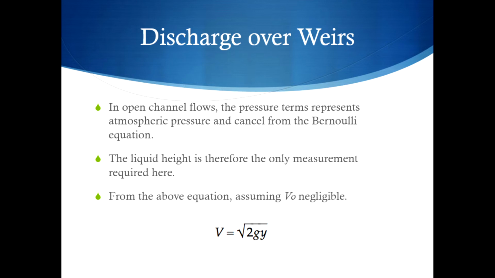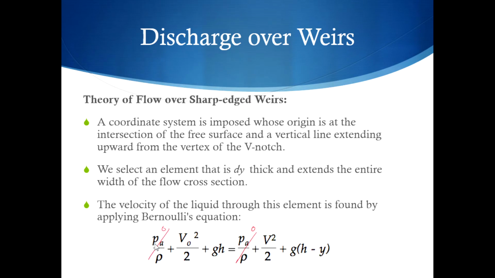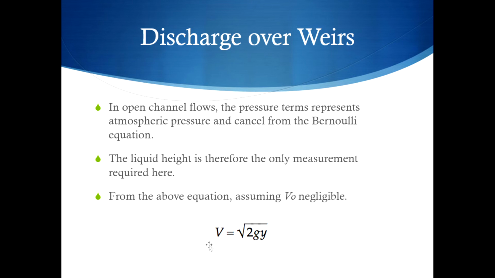Since we are assuming that at the start of our experiment the velocity will be zero, we can assume that this is zero as well. And then, having these three parameters, we can obtain that the velocity is the square root of 2gy.